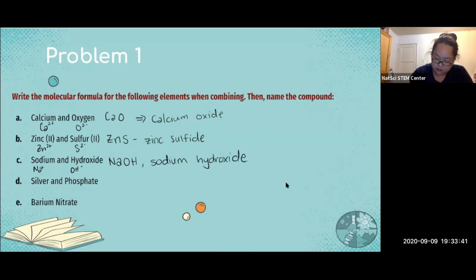Next one? This one is silver phosphate. Silver, from what I remember, has a +2 charge, but I don't know. So it's Ag3, and then phosphate, which is PO4, has a -3 charge. So there's 2 of those.